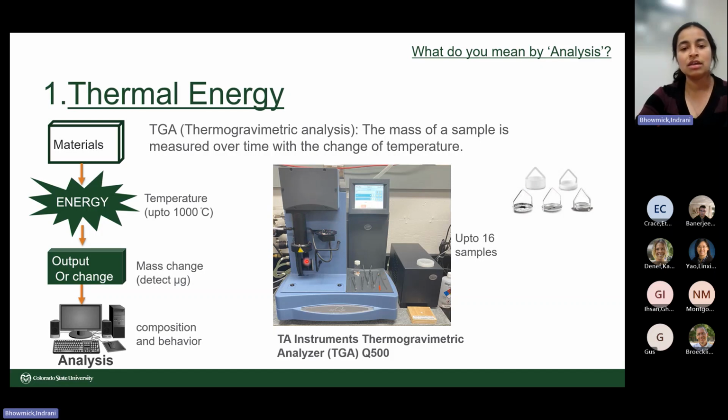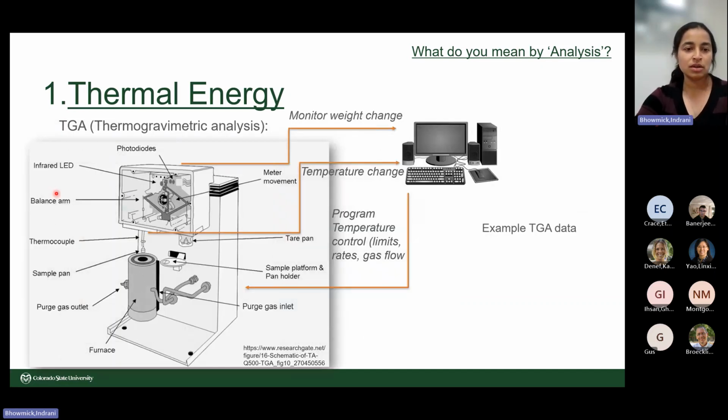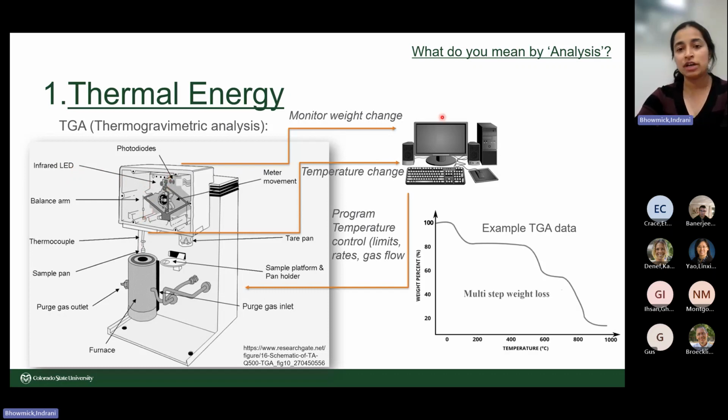The sample goes in. And the way it works is we have a very balanced system. This is your little sample here, and this is the furnace. The balance has infrared light, like a photodiode system, to detect the change of mass, and it records that change of mass and gives it to you as an output.